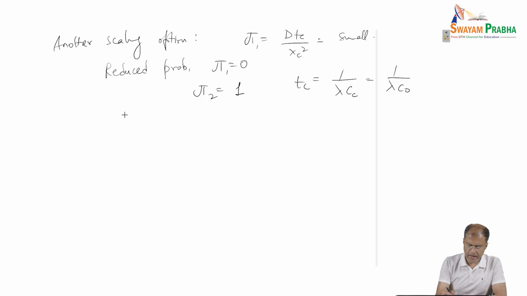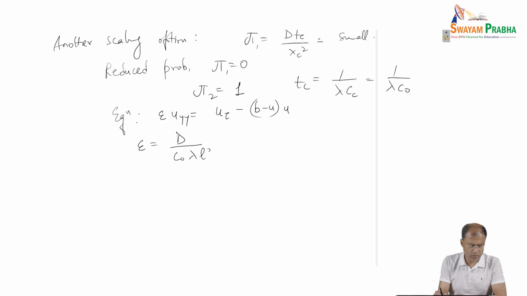And then my equation reduces to epsilon u_yy is u_tau minus (b minus u) times u, where this time my epsilon comes out to be D by c naught lambda L square, and my b comes out to be gamma by c naught.